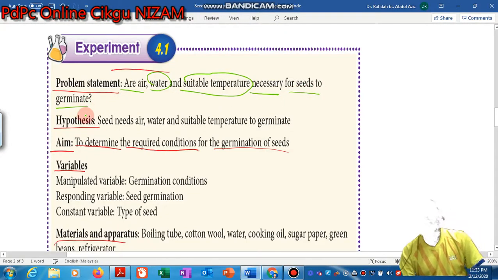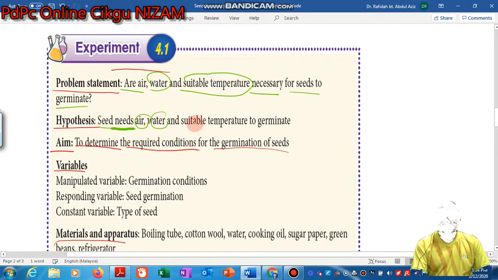That is the problem statement. And the hypothesis for this experiment is seed needs air, water, and suitable temperature to germinate.